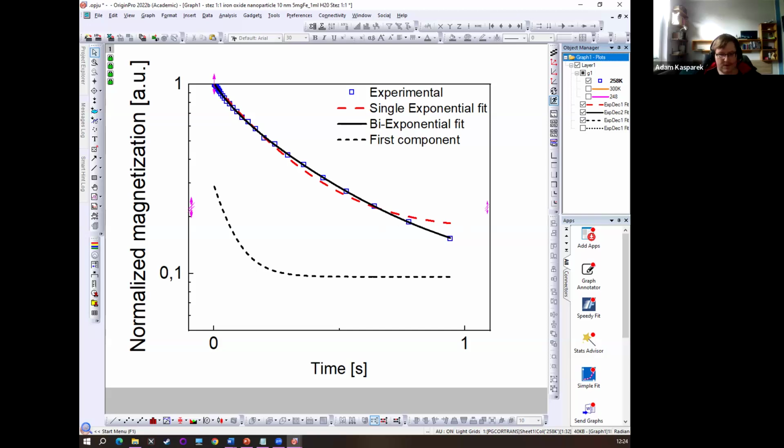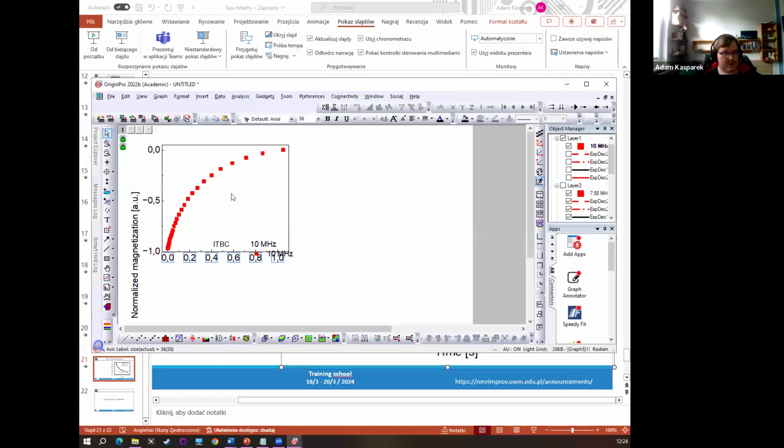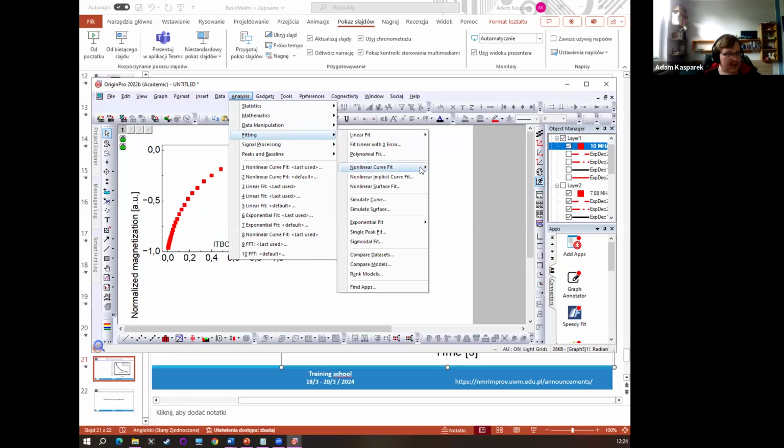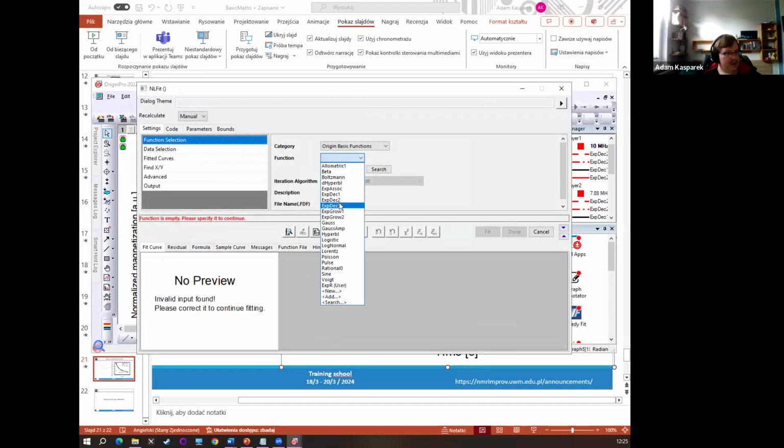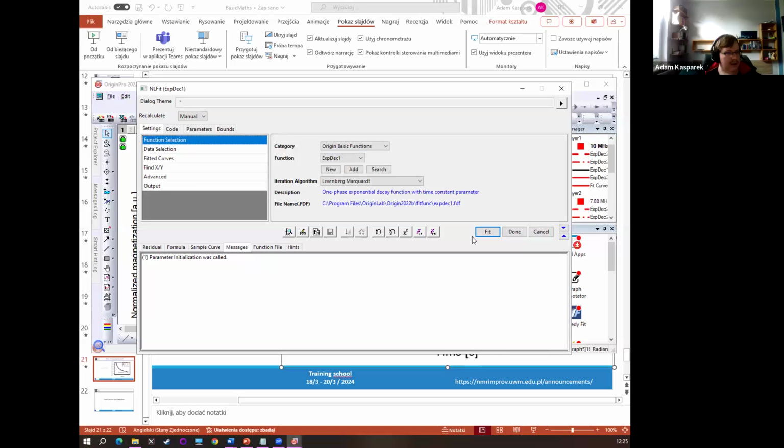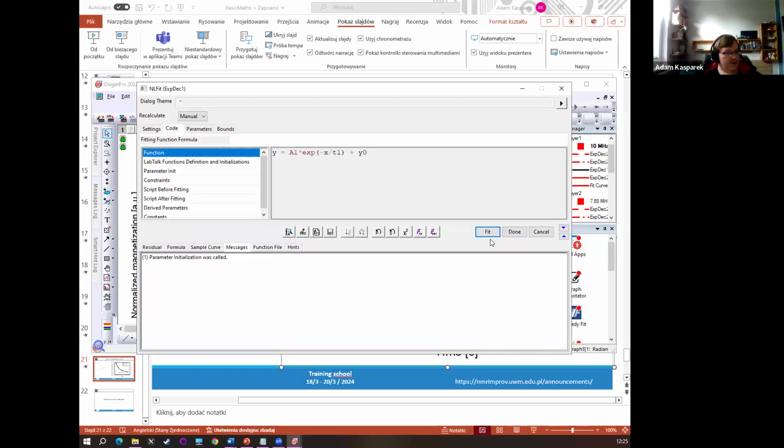Okay, let us try another example. So come back to this example, right? Yes, if you could. Okay, so here we can try to fit one more time with one exponent, the exponential decay function.